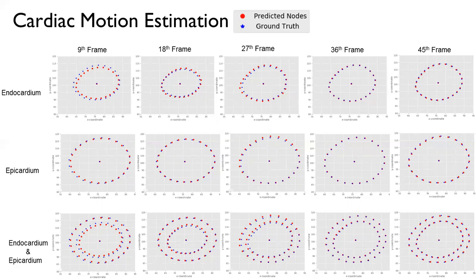Both methods better predict the location of the epicardium nodes than the endocardium nodes. The node locations are predicted very accurately on the epicardium by both methods, especially in the 36th and 45th frames.